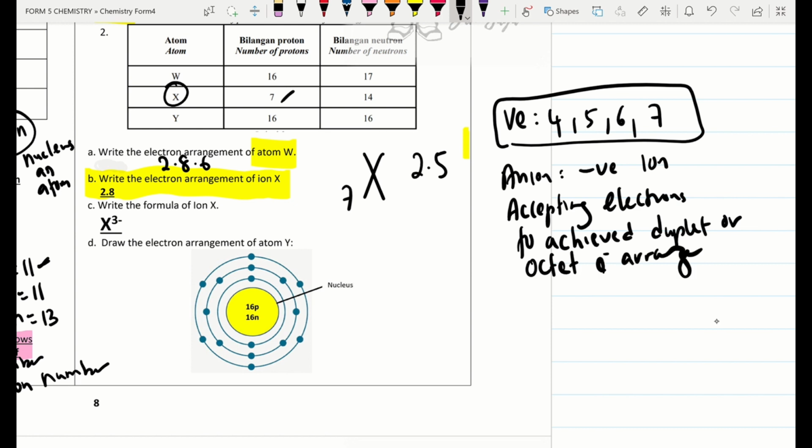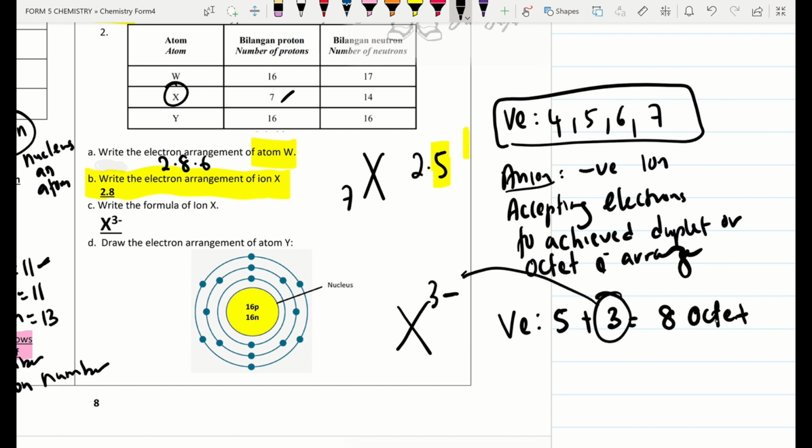Here this atom has 5 valence electrons, therefore it will form a negative ion. It will accept 3 electrons and achieve a stable octet electron arrangement. So we take the 3 and put it in front here. This is the formula of the ion. The electron arrangement of this ion will be 2.5 plus 3. We take 5 plus 3, we will get 8. So I put 8 here.